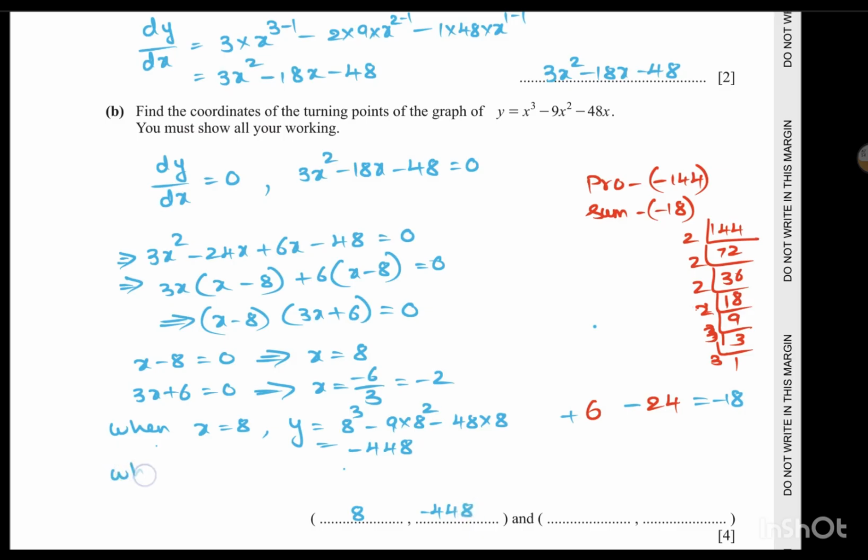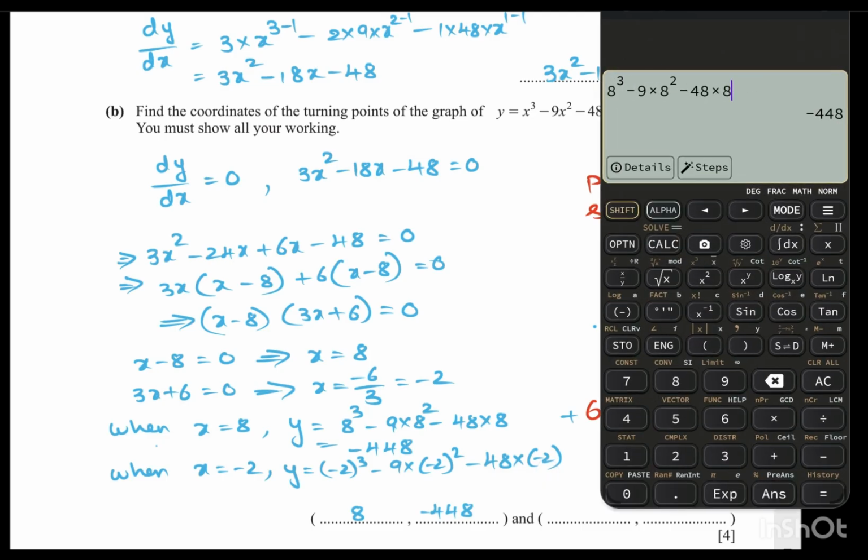And when x is equal to minus 2, y will be minus 2 whole cube minus 9 into minus 2 whole square minus 48 into minus 2. Do this. Instead of x, we'll take bracket and take negative 2. Same thing here.